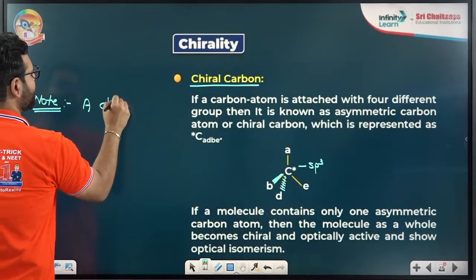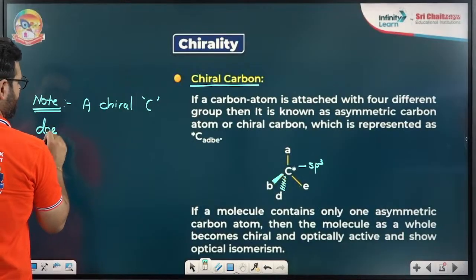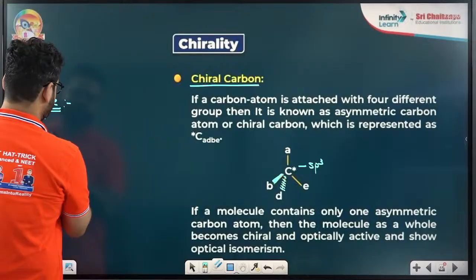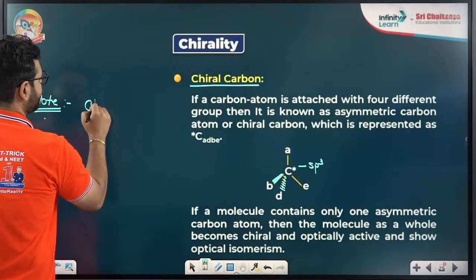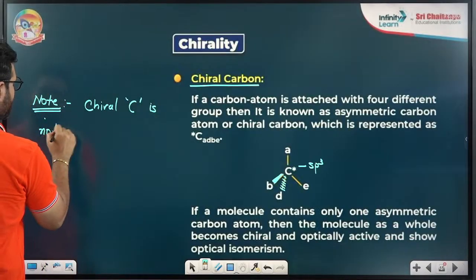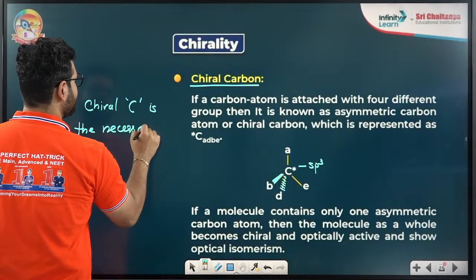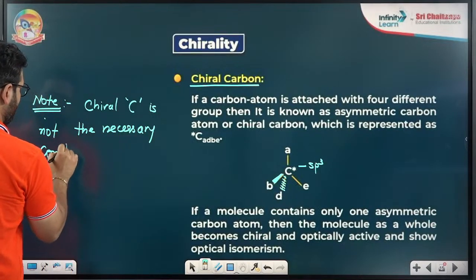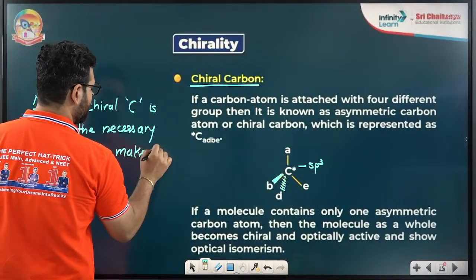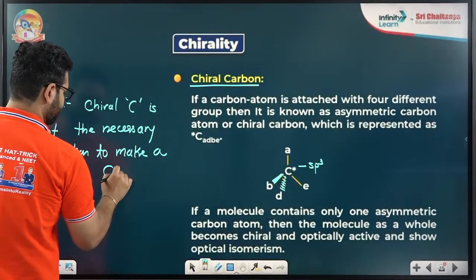A chiral carbon is not the necessary condition to make a molecule chiral.